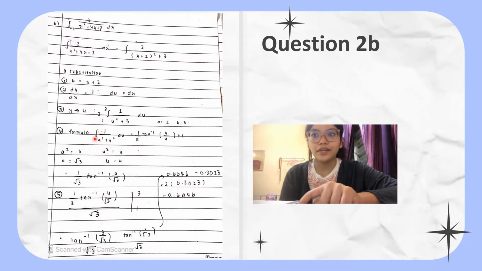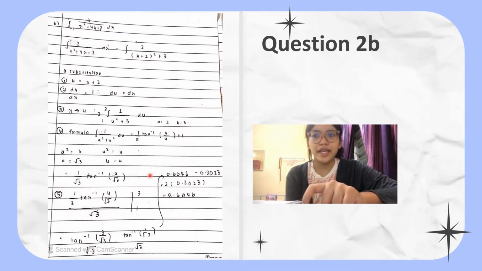Okay, so for the next step we're going to finish all this by the formula: the integral of 1 over (a squared plus u squared) du is equal to 1 over a tangent inverse u over a plus c.